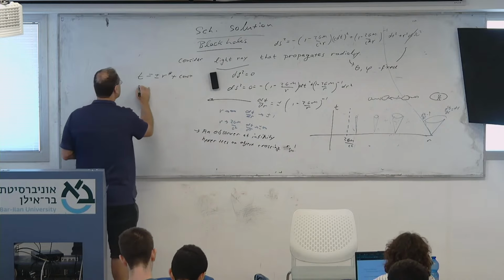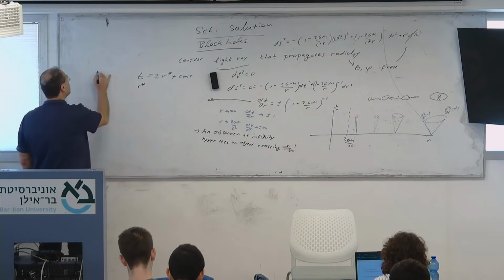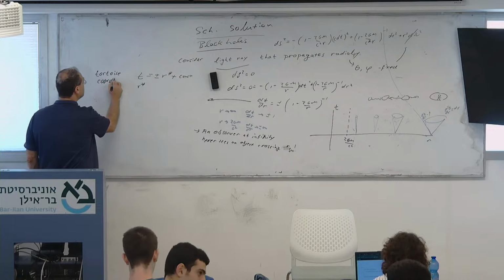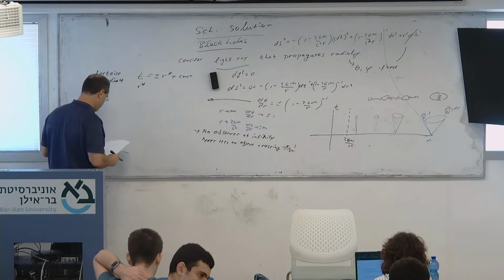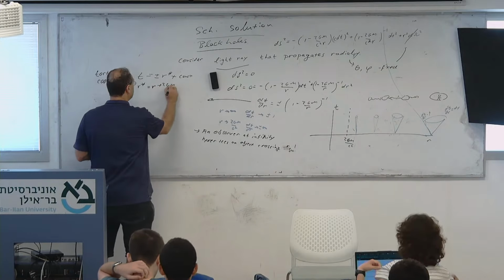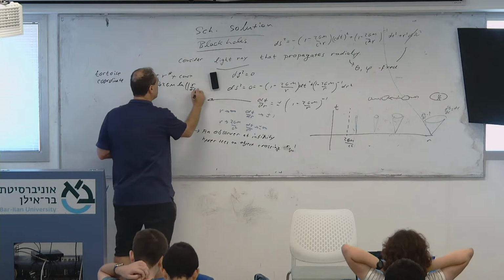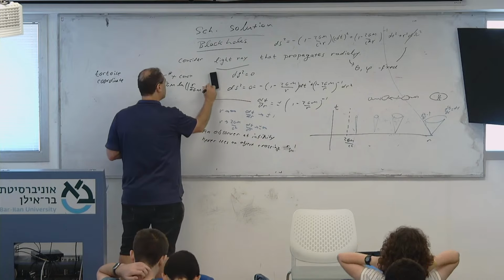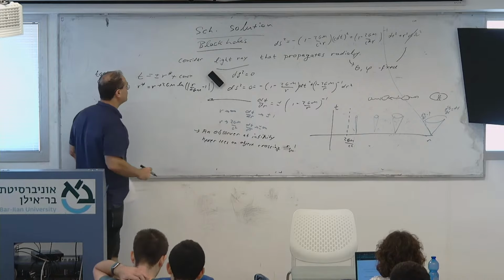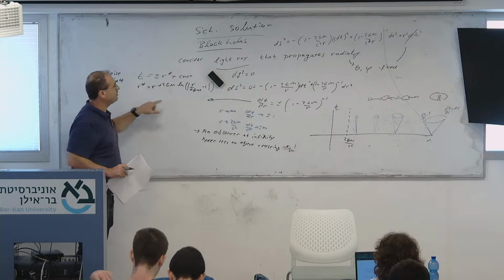And r star has a name, this is called the tortoise coordinate: r star is r plus 2GM ln of (r over 2GM minus 1). Now it's really straightforward. Just plug it in and solve for dt over dr, and you'll see that you get this result.